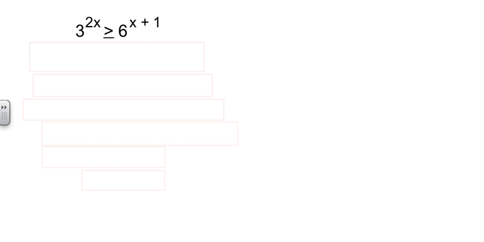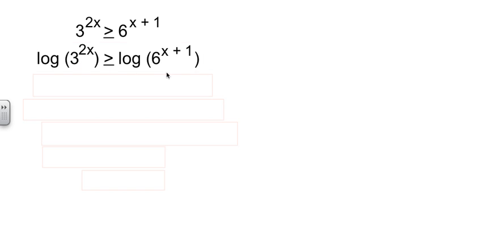One last problem for this section. It's the same idea, but they throw an inequality at us. Well, that's okay. We can handle that. The same basic plan still applies. We're going to take logs. So we take a log of both sides. Then we'll use the exponent rule, drop the 2x down, and drop the x plus 1 down.